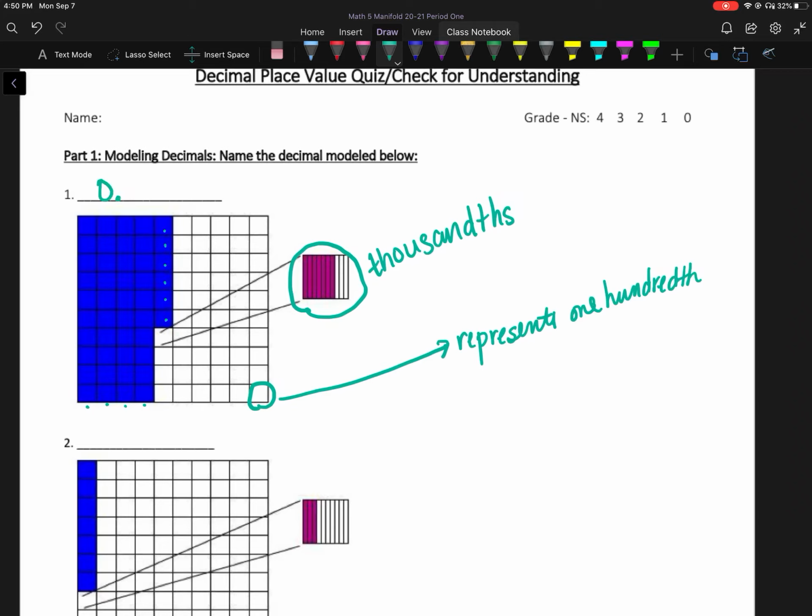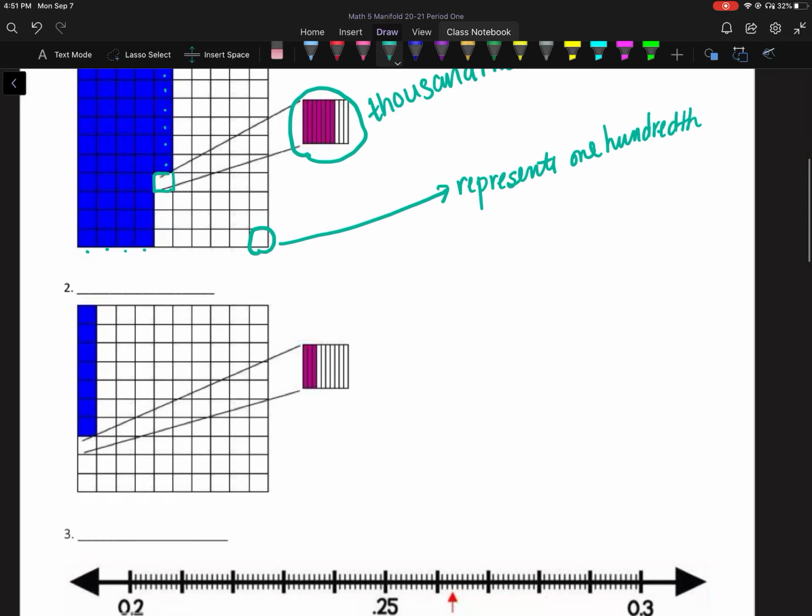So I have 46 hundredths. And then when I look at the breakdown of one of my squares into thousandths, there are 7 out of the 10 filled in. So I have 467 thousandths.